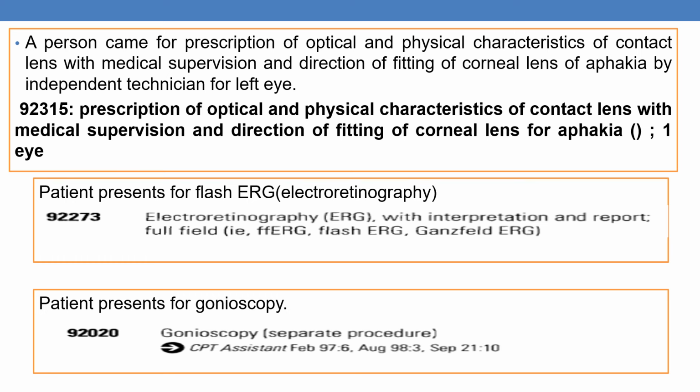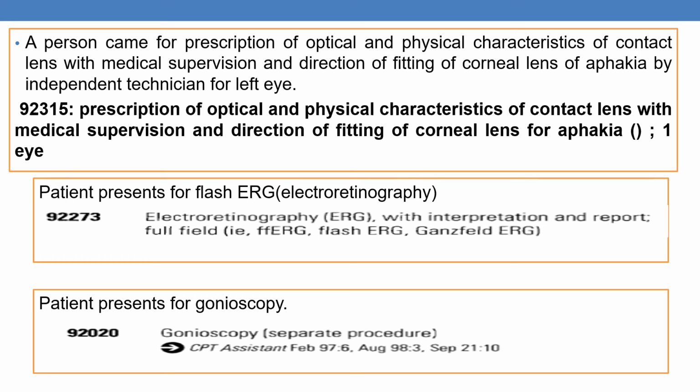Here an independent technician is there, and it is fitting of corneal lens for aphakia, one eye. So the CPT is 92315.